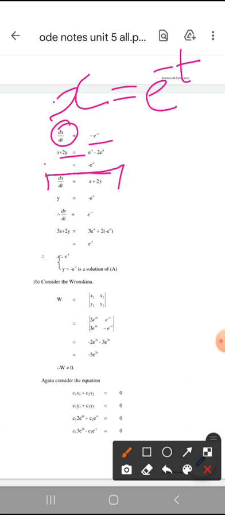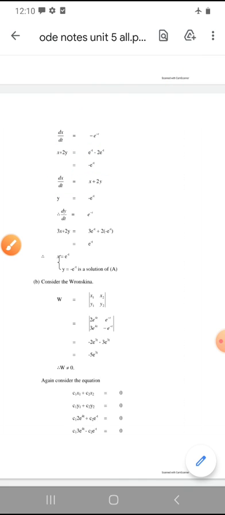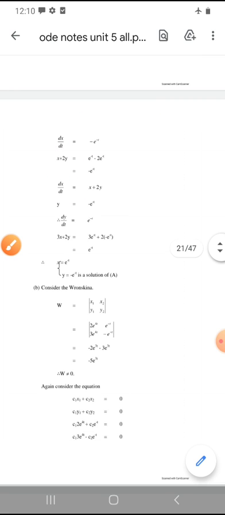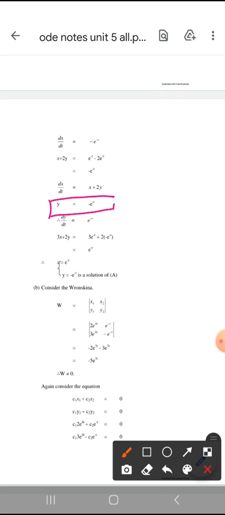Now we get this value. Now we take y = -e^(-t), and we differentiate it with respect to t.